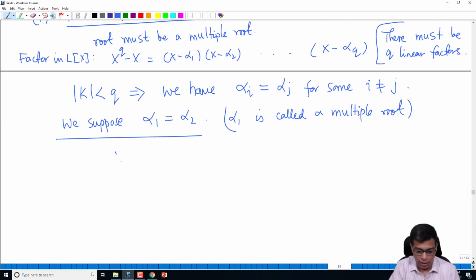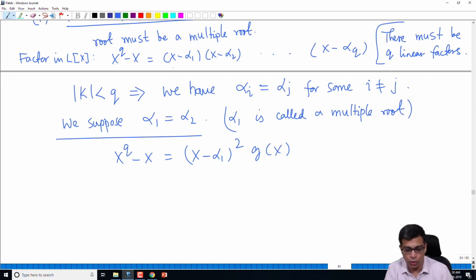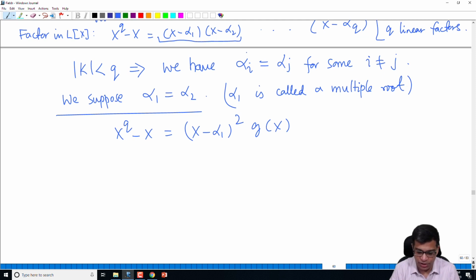But then I am going to rewrite this x power q minus x as x minus alpha 1 whole squared times g(x). The remaining thing I don't care about, because alpha 1 is equal to alpha 2, the first two things I'll combine and write it like this. Now if you differentiate both sides, what do we get?